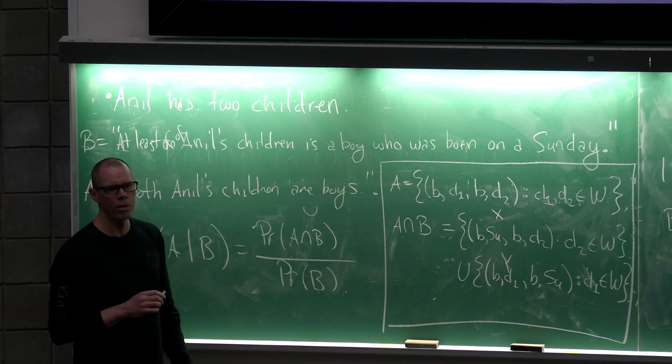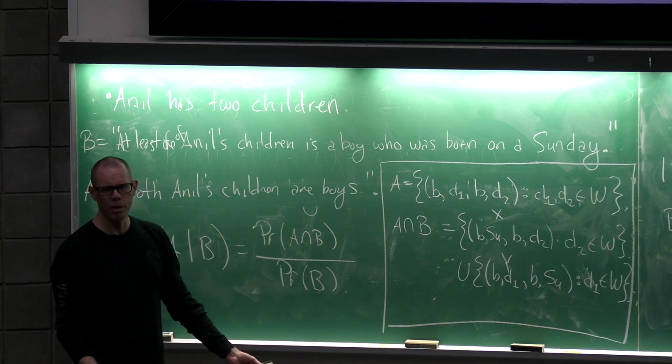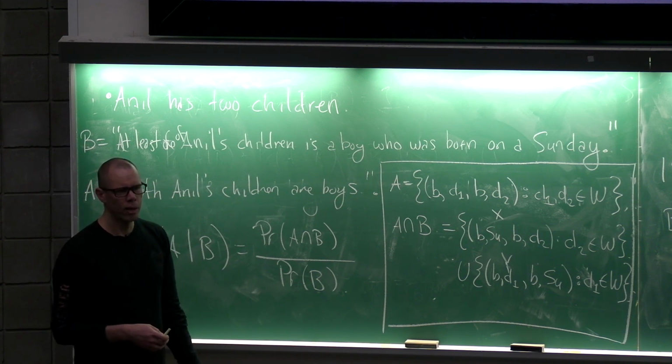At least one of the numbers was equal to 500. What is the probability that they're both even? Then it kind of feels like that should be close to a half, right? If I tell you one of them was 500, what's the probability that they're both even? Well, that should be a half.